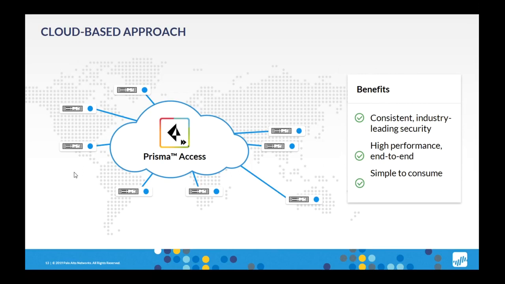If you go for an industry specific term, it's SASE, and when it comes to Palo Alto, it's called Prisma Access. The cloud is made up of Palo Alto next generation firewalls acting as edge gateways, and Panorama acting as a central management.